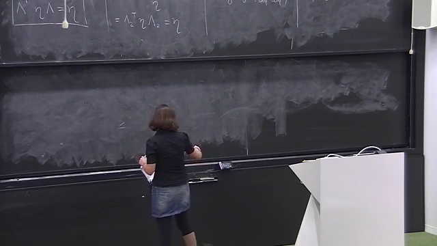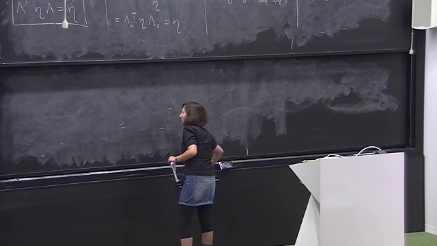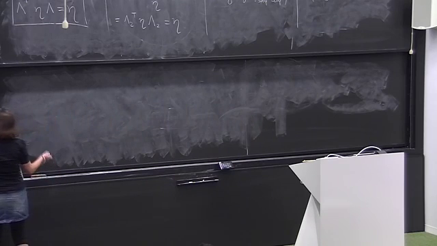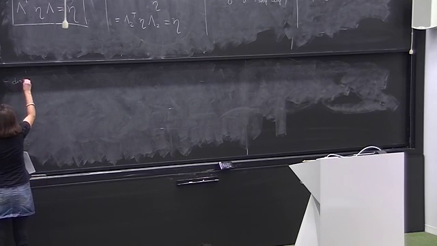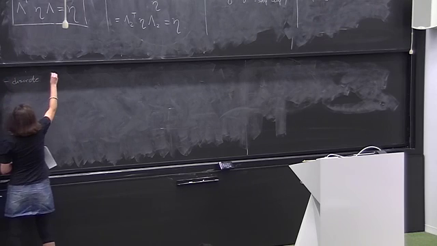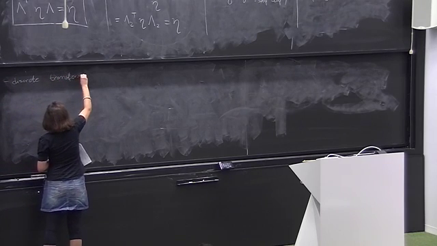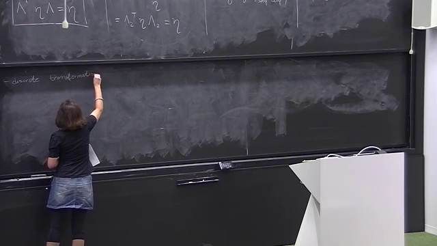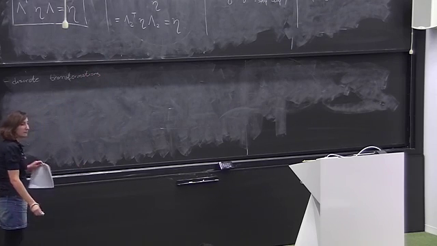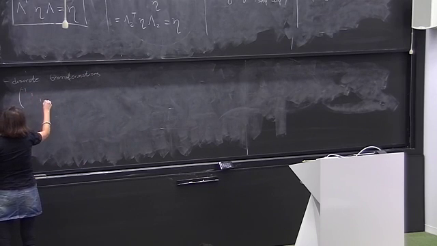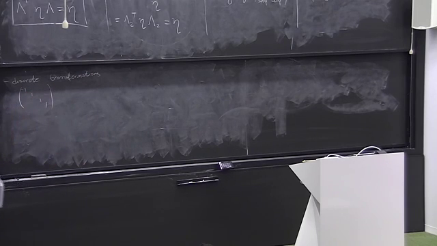Discrete transformations, such as reflections, are also part of the Lorentz group. For example, time reversal would just be described by a matrix -1, 1, 1, 1. And that would, again, satisfy this relation.